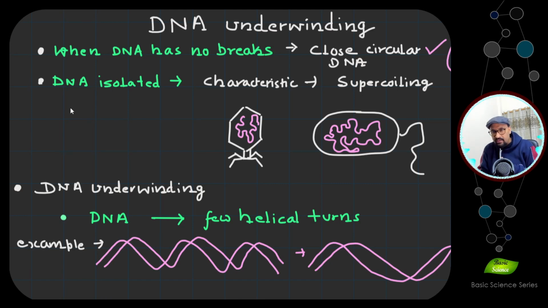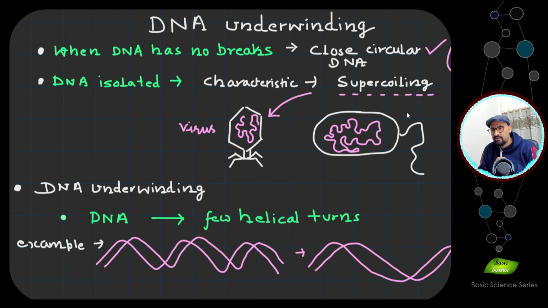Next, whenever DNA is isolated from a particular cell or organism, it will have a characteristic pattern of supercoiling. Because of that, its conformation is going to be different from different sources. For example, if you take DNA from a virus, in this case a bacteriophage, it is going to be a little different from the DNA of bacteria.